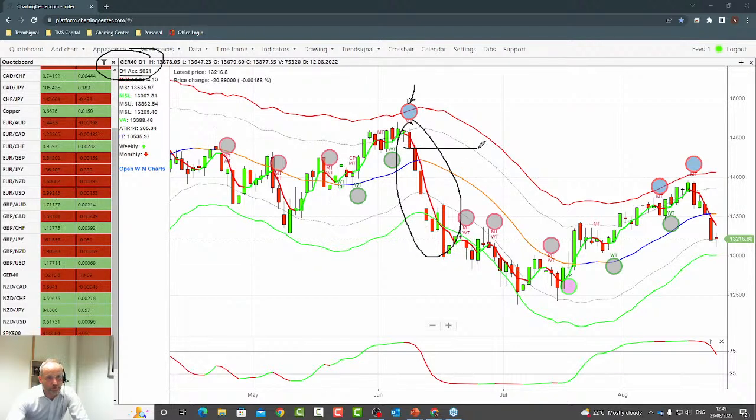This is a move from 14,500 down to say 13,000. That's a move of about 1,500 pips. DAX is quite a fast market. That would equate to probably a 500-point move on a currency pair. That's a very, very big move. It is also very, very unusual.